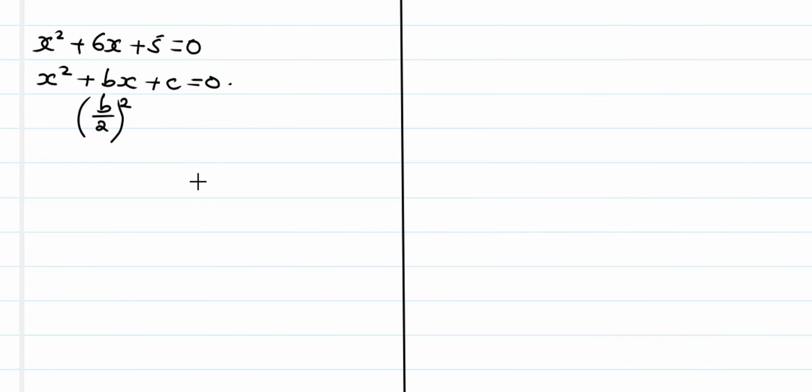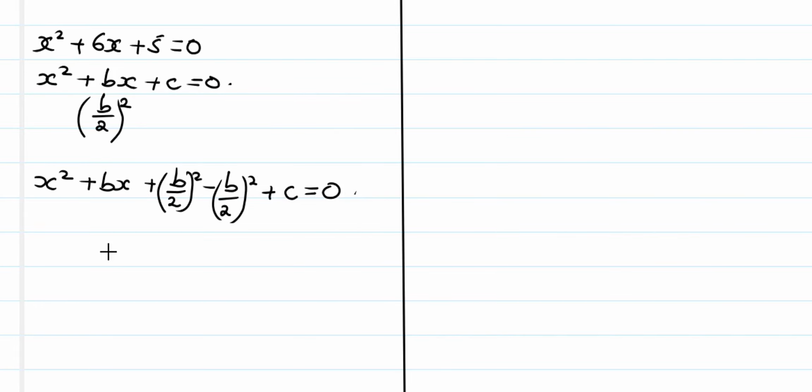After that, we put this in the formula, which now becomes x squared plus bx, then plus b over 2 squared, but again I subtract b over 2 squared, so that I don't interfere with the equation, because b over 2 squared minus b over 2 squared is 0. And 0 plus bx is still bx, so we have not changed anything in the formula. Then plus c equals 0.